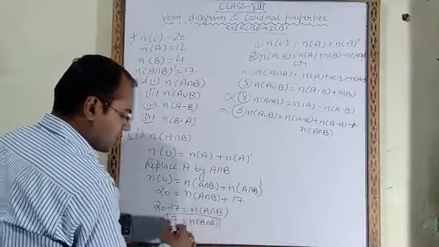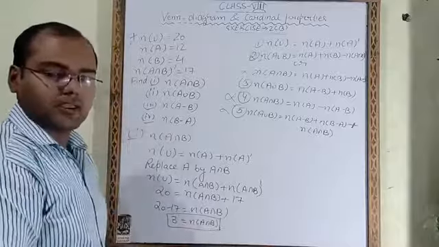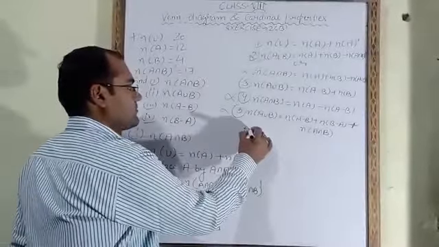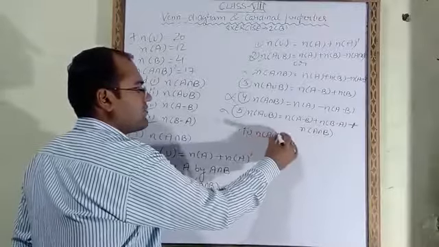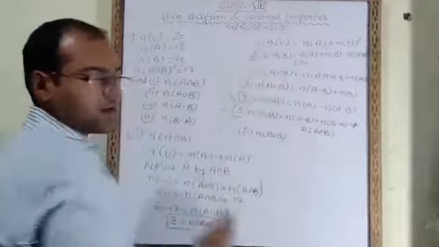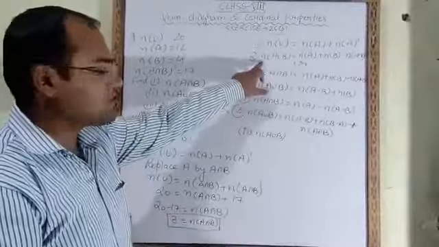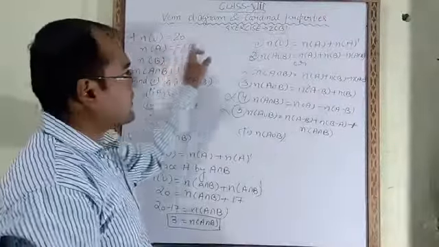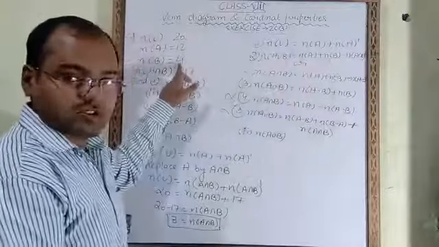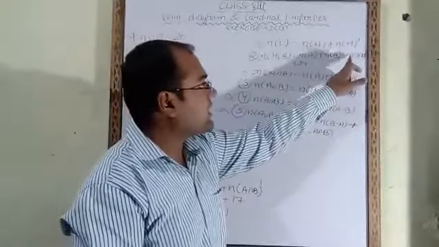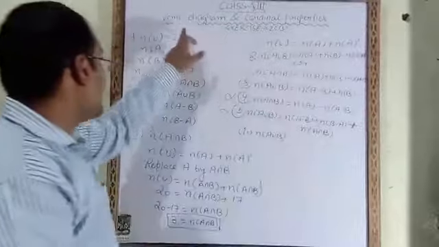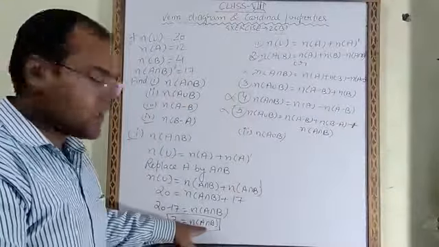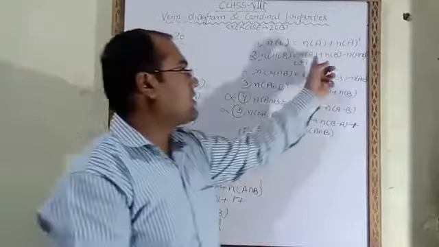So like this you have to do this part. Next part is n(A union B). We have to find n(A union B). For union also so many formulas are there. You can check this formula. n(A union B) formula. We need n(A). We are having. We need n(B). This one also we are having. Then we need n(A intersection B). A intersection B we are not having, but just now we had calculated the value of A intersection B. So we know all these three values.